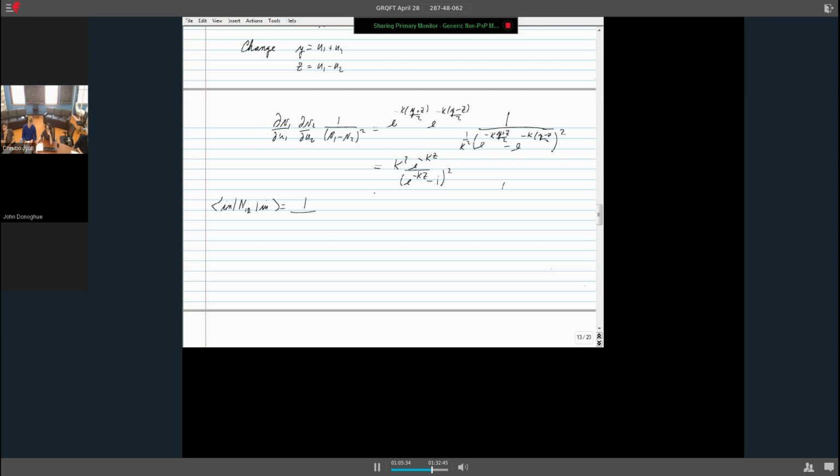And then the difference down here is 1 over e to the minus kappa (y plus z)/2 minus e to the minus kappa (y minus z)/2, squared.